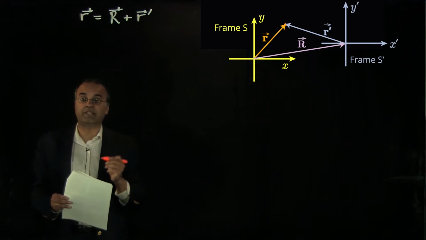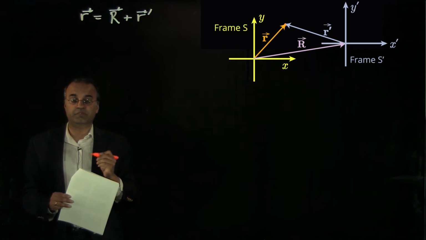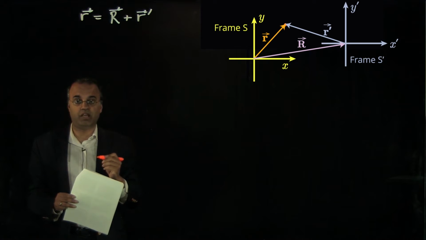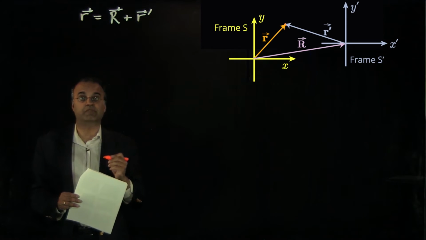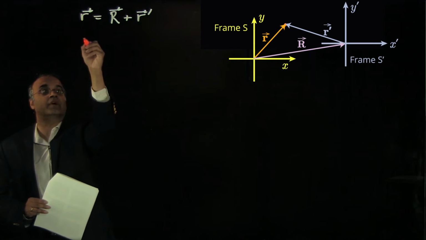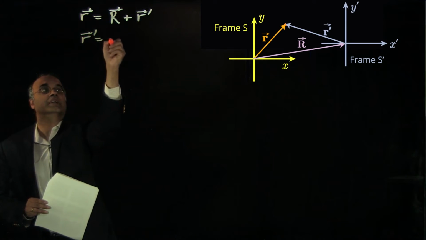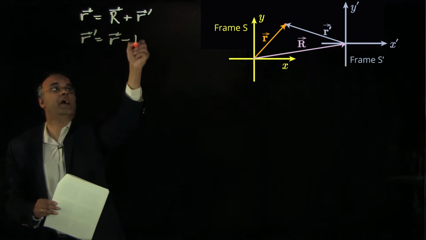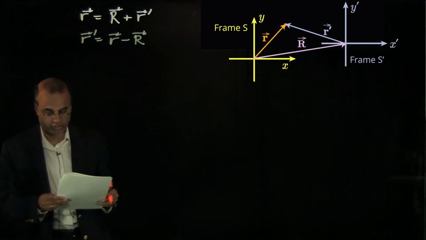I can rewrite that if I'd like to write the position measured by the observer at S prime in terms of what's measured by the observer at S. I could just rearrange this and write that little r prime is equal to little r minus capital R.